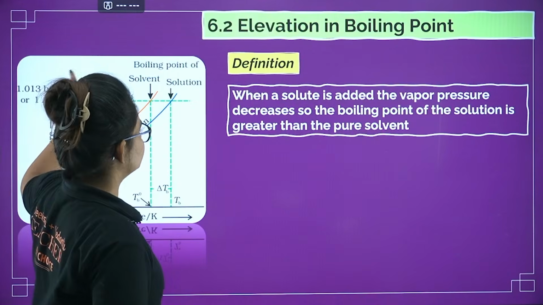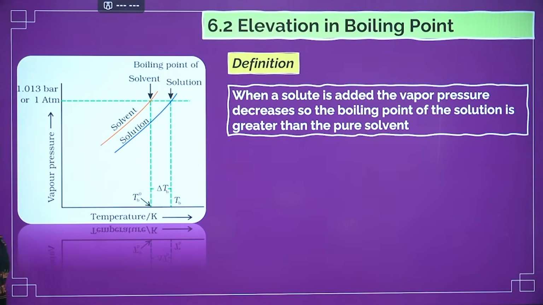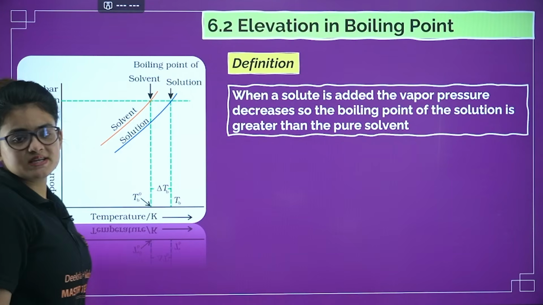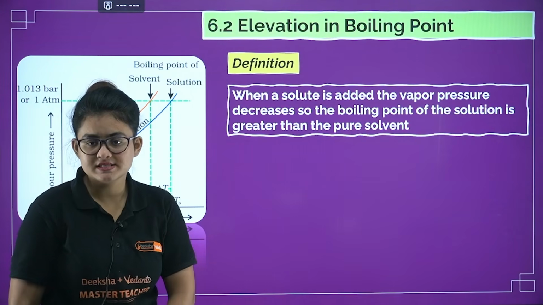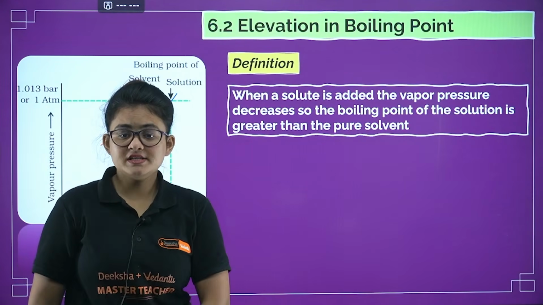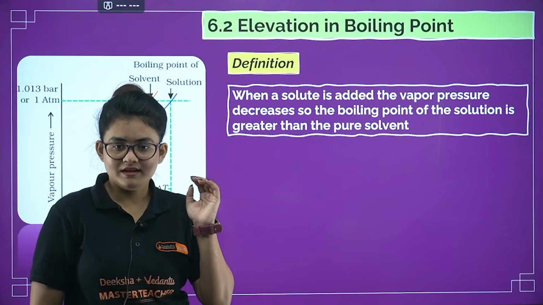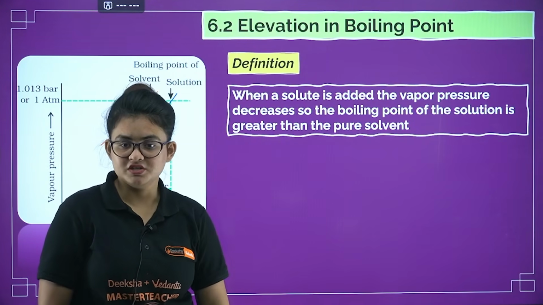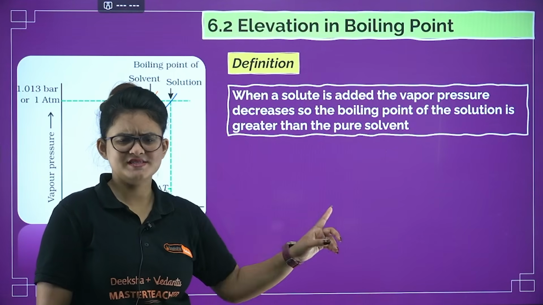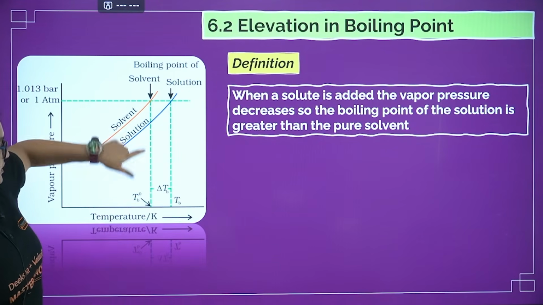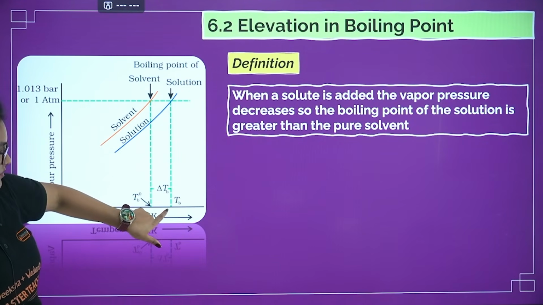Let's proceed further. Okay, so this is elevation in boiling point. Basically what happens is that the vapor pressure is decreased, right? As a result, the solution starts to boil at a higher temperature than that of the pure solvent. That is the elevation in boiling point. Initially it boiled here, now it is boiling here.